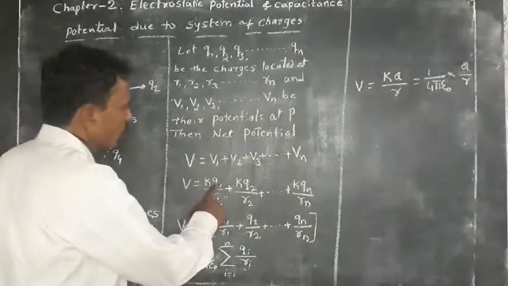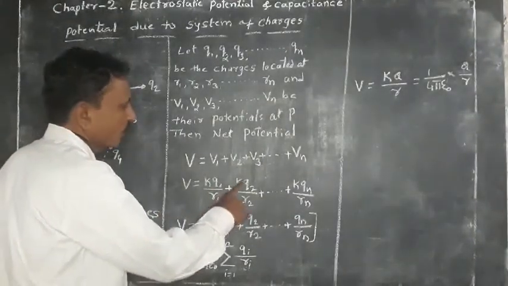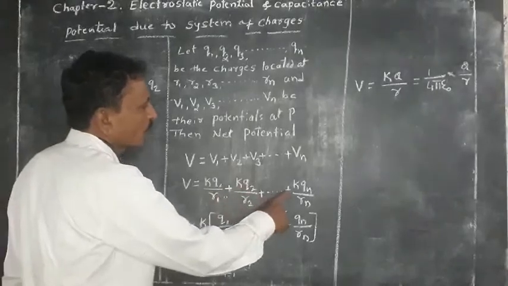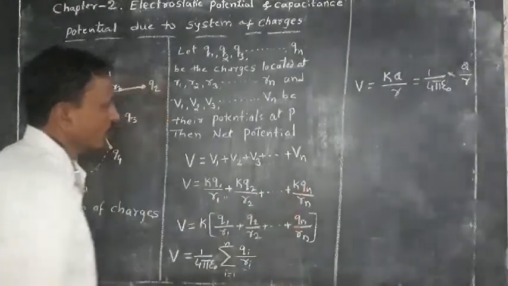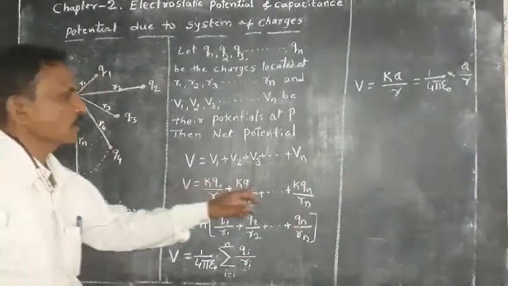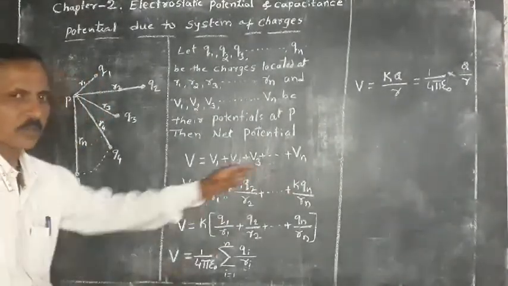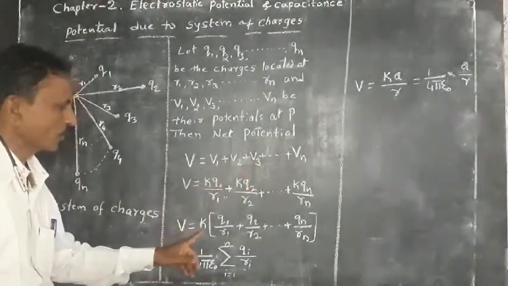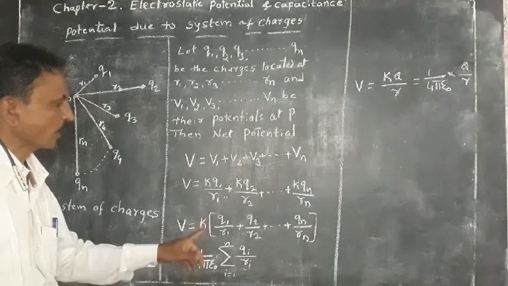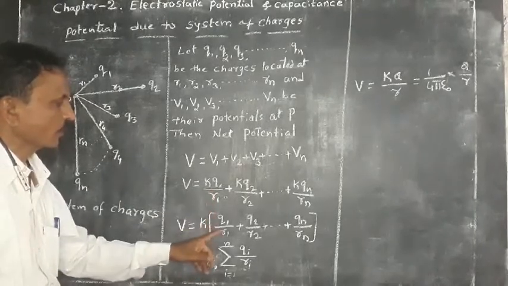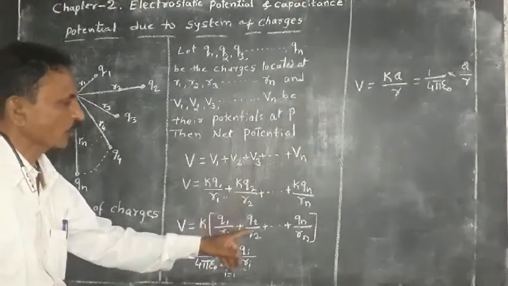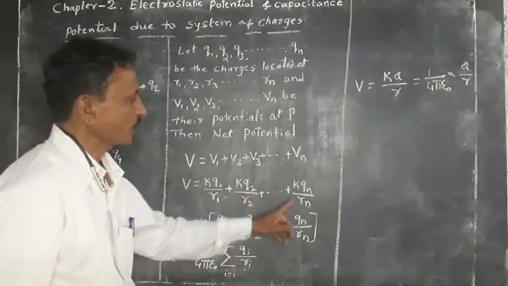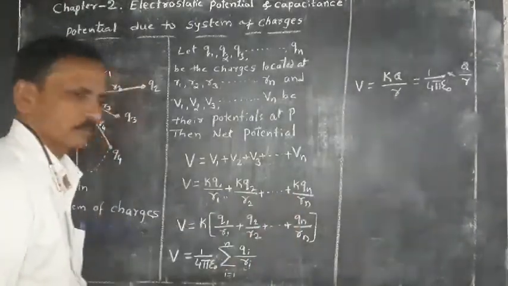Thus, Phi equal to K Q1 by R1 plus K Q2 by R2 plus so on up to plus K Qn upon Rn. Here K is constant and common, therefore taken outside: K in the bracket Q1 by R1 plus Q2 by R2 plus so on up to plus Qn upon Rn.